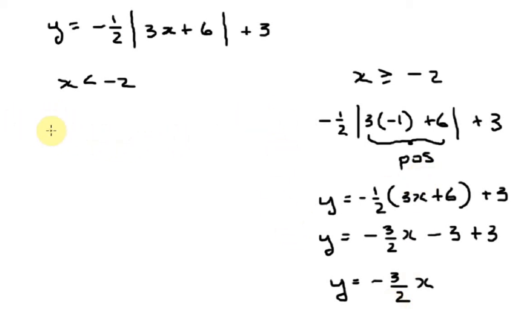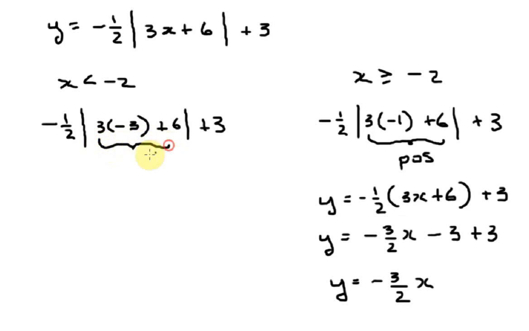On the left side, we have to do something about the fact that the stuff in the absolute value, let's pick a number like -3 that is in this domain, less than -2. If we try something like that, what should be very clear is that you get -9 plus 6. Well, this is always going to be a negative number. And so we want to turn it positive.